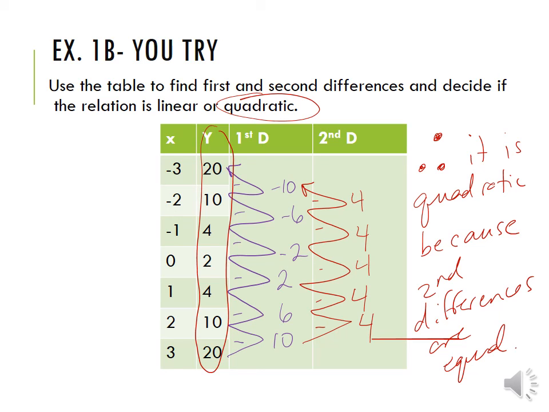We have repeat y values, so we probably should have been thinking already that it was quadratic, and my numbers are actually decreasing. 20, 10, 4, 2, 4, 10, 20. If I look at 4, that's a positive number. That means this is a positive parabola, a positive quadratic, which means it opens up. And that means that it comes to an absolute minimum. But we're going to work more on those things later today and tomorrow.